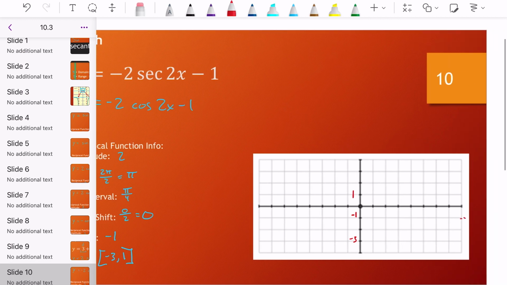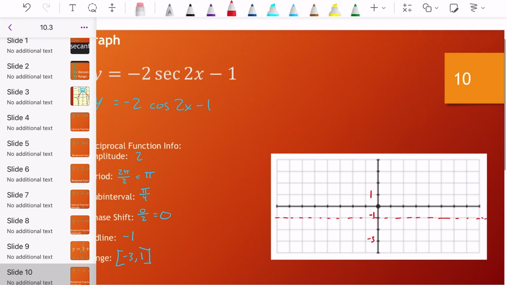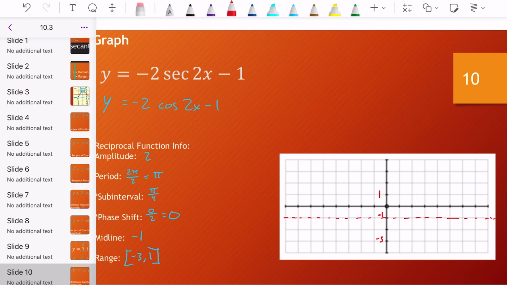We're going to go ahead and draw out that midline. Now keep in mind, since we're working with cosine, we're going to either begin with the minimum or the maximum. In this case, it's going to be the minimum since we have a negative equation.